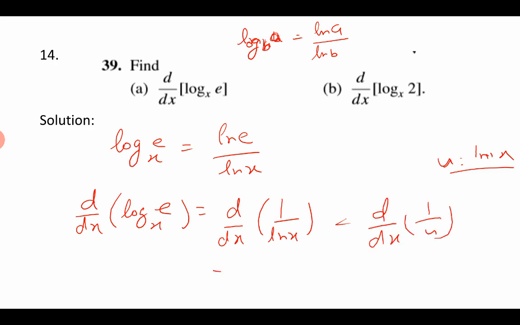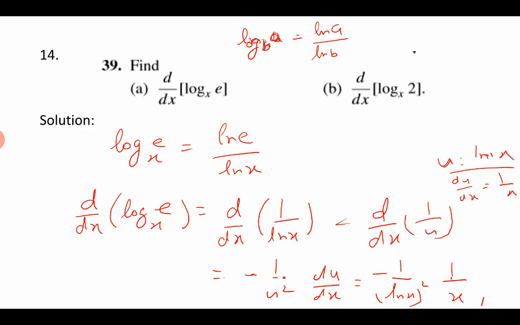You will write minus 1 over u square into du by dx, which is minus 1 over (ln x) whole square. When you differentiate ln x, du by dx is 1 over x. So this will be 1 over x. So the answer is here for case A.